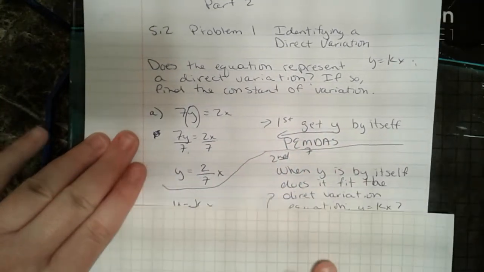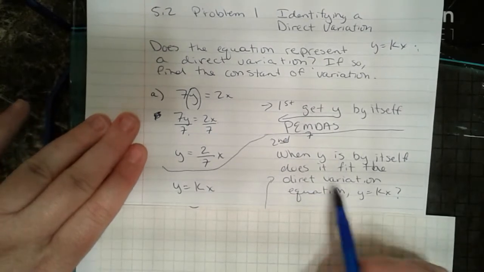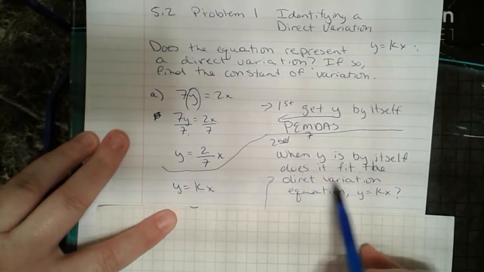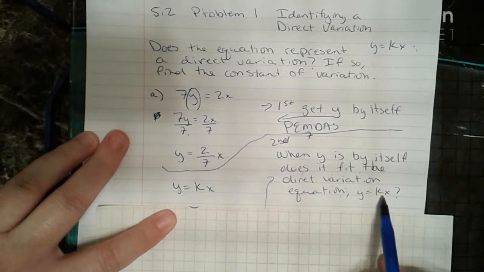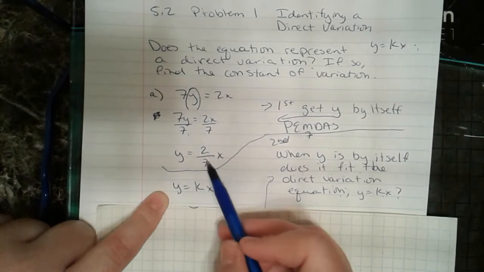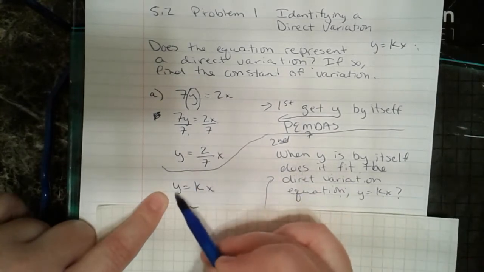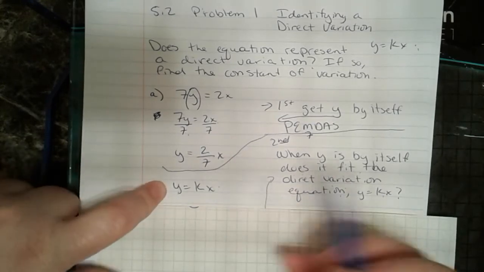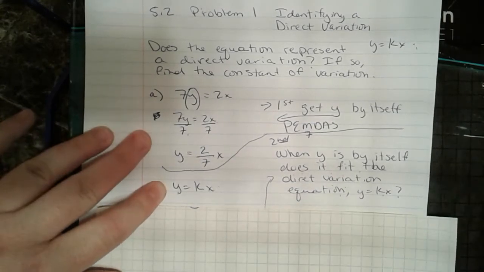Step 2 says, when y is by itself, does it fit the direct variation equation, y equals kx? An easy way of doing this is by putting the equation right underneath it. So I put y equals kx right underneath it. Well, does it fit the equation? Yes, it sure does.